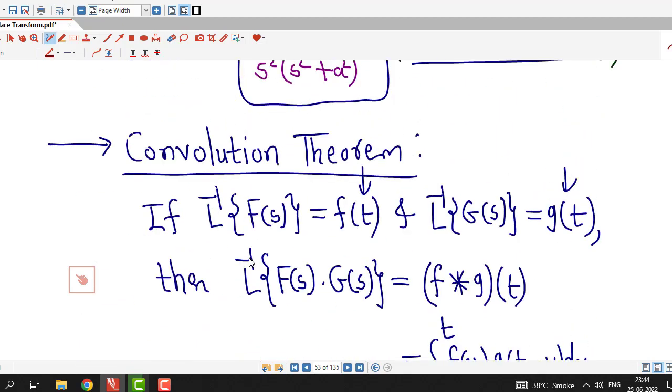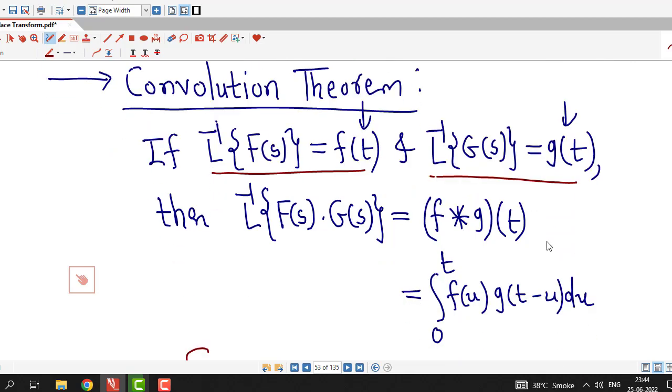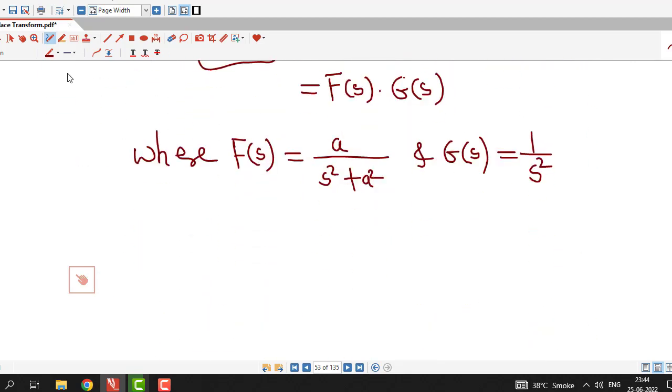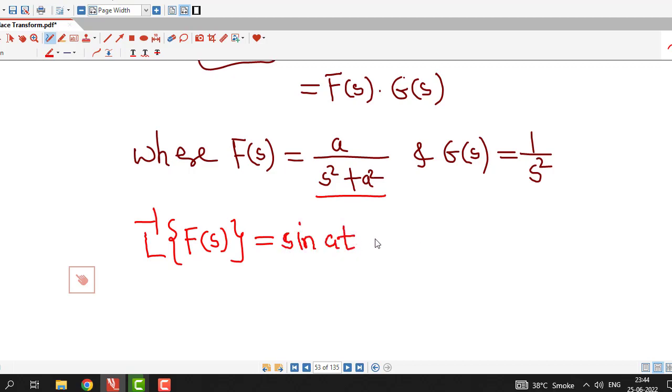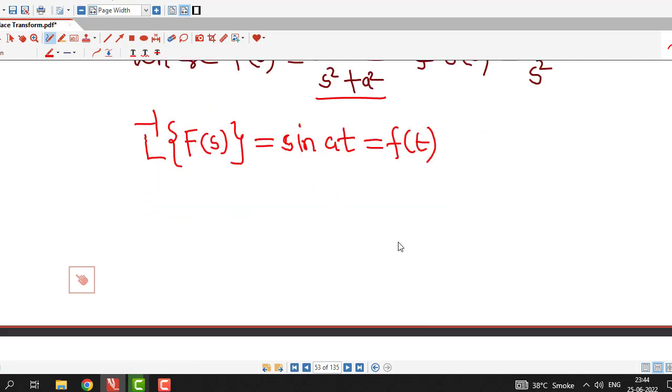Now to use this result, we first require the inverse Laplace transform of capital F and capital G. Inverse Laplace transform of a divided by s square plus a square is sin at, and this we consider as small f of t.